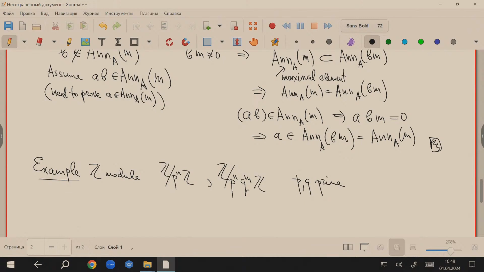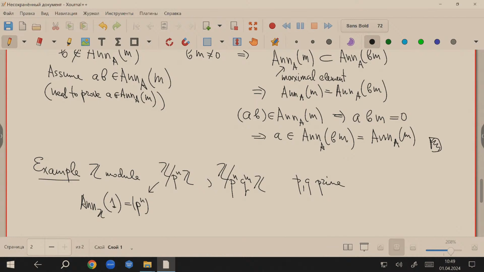For example, you can take this one and take a unit here. So what is the annihilator of the unit? P to the power n. It is not a prime ideal.